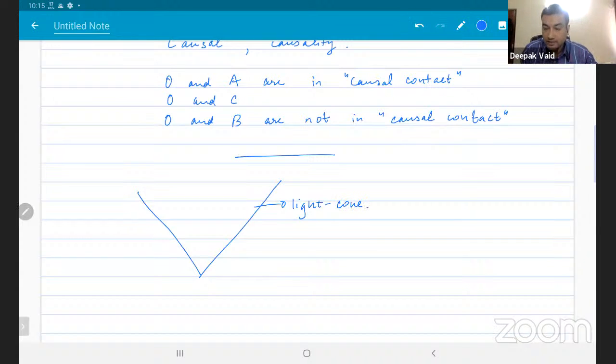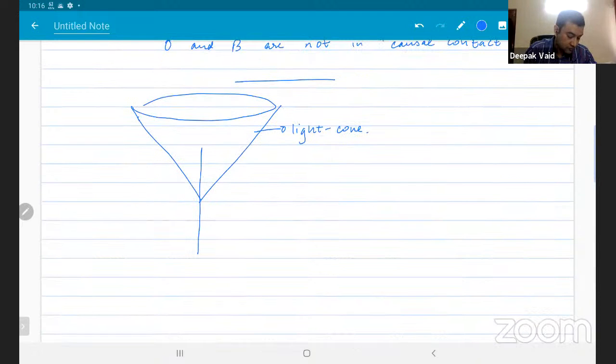It's not really a cone. It just looks like a cone when you draw it in these two dimensions, or with three dimensions, with two spatial dimensions and one time dimension. So you have x, y, and t. Now it looks like a cone. But if you draw the full thing in four dimensions, it's more like a sphere.